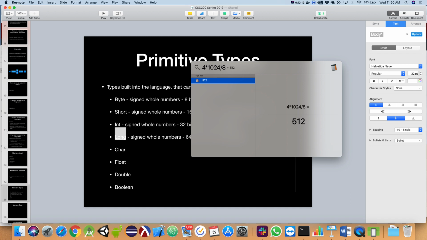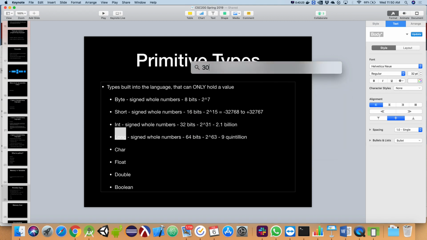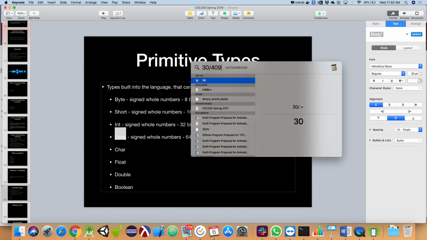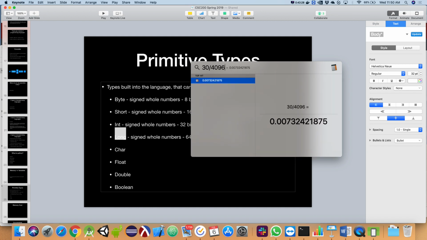Putting things in perspective for you here. If you have this many megabytes, and so we have 4096, $30 divided by 4096 costs us less than a penny per megabyte.